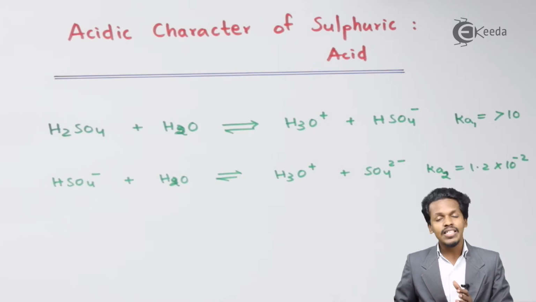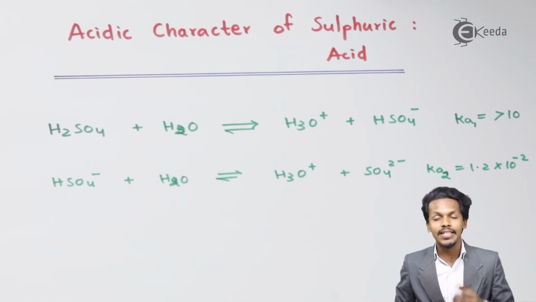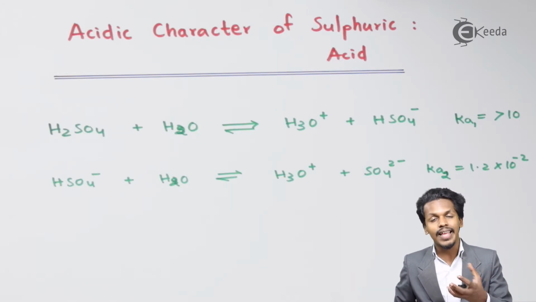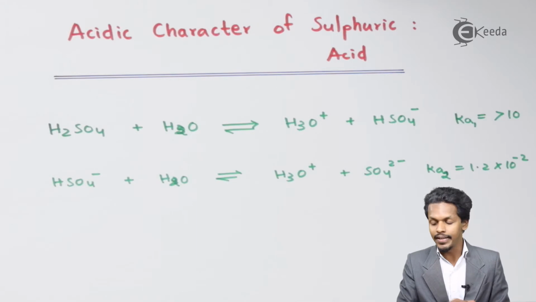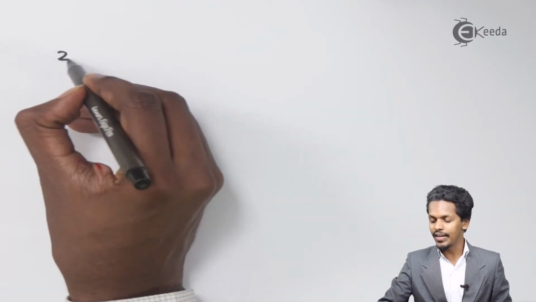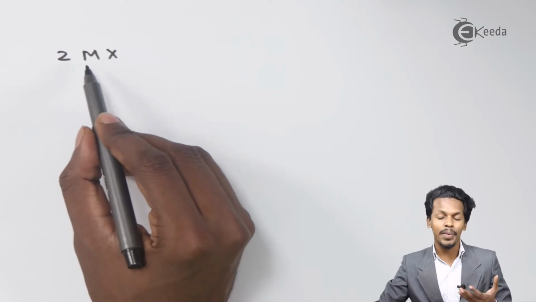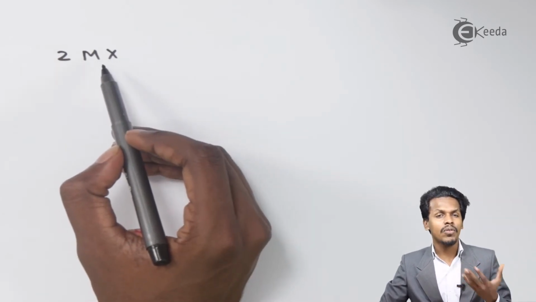Not only that, it has various other properties that I want to talk about. It is a very non-volatile substance, and because it is dense, it has the capacity to convert certain substances into a volatile acid. Suppose I'm talking about a general reaction where I'm using MX, where M stands for metal and X stands for chlorine, bromine, or NO3.